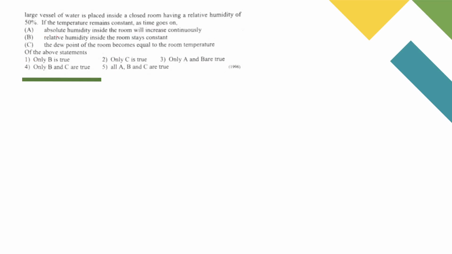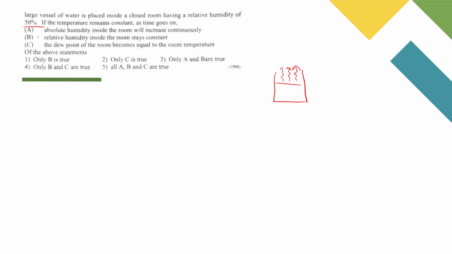Okay, let's look at this question. A large vessel is placed inside a closed room having RH 50%. So if we keep a cup of water open in a closed room, after some time this will evaporate and turn into water vapor.